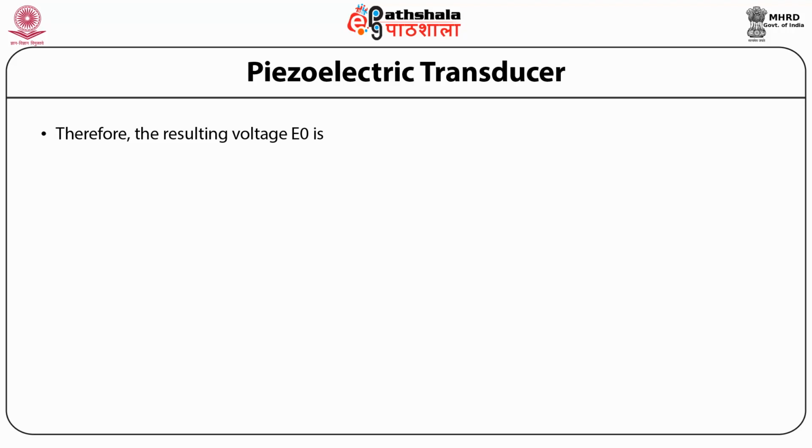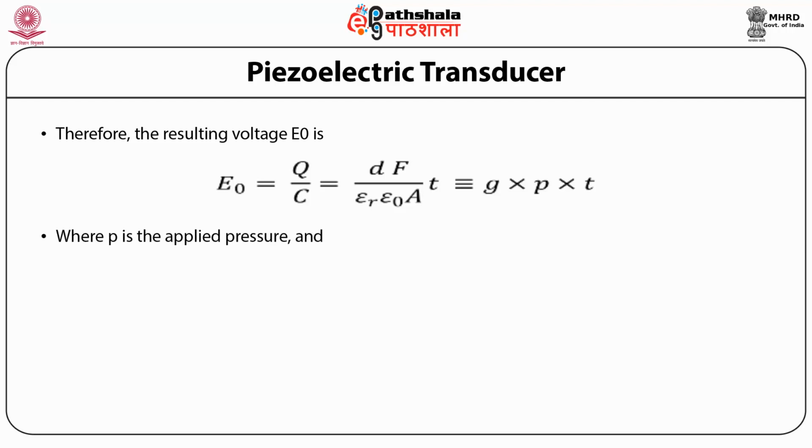Therefore, the resulting voltage E_0 is given by E_0 = Q/C = D × F × T / (ε_r ε_0 A) = G × P × T, where P is the applied pressure and G is given by G = D / (ε_r ε_0).